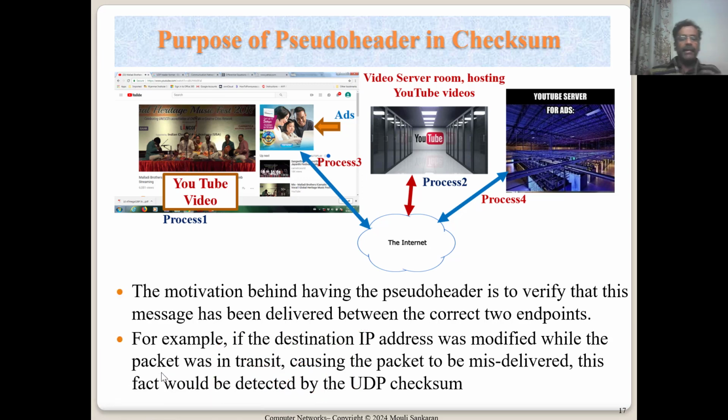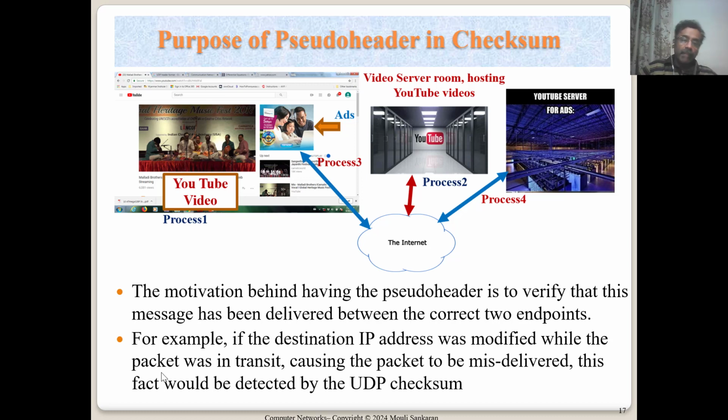On the receiving side, if you want to make sure that the four tuple values are unique, you need to consider not only the source port ID and destination port ID, you need to consider the IP addresses also. So, how will you make sure that the packet is not tampered with on the way or misdelivered?